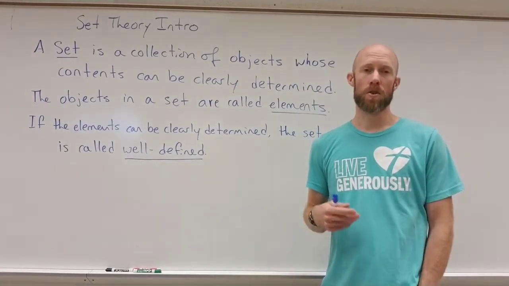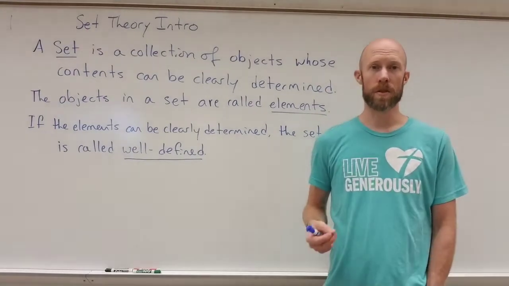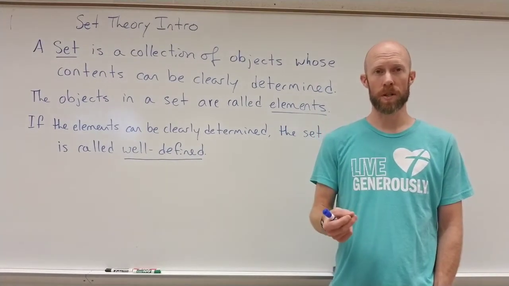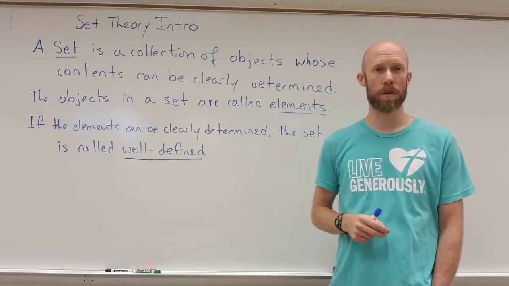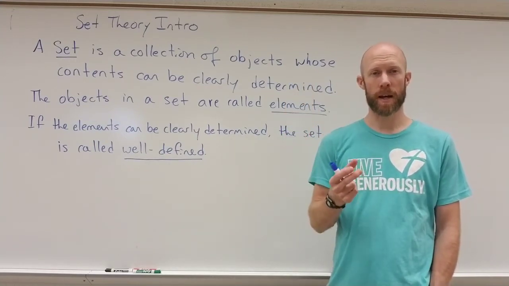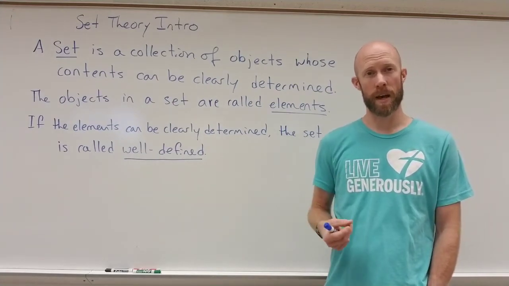Okay, so for instance, the set of all students in this class is very well defined. I can print out my roster and look at the individual people, and that constitutes the set of students taking this class.